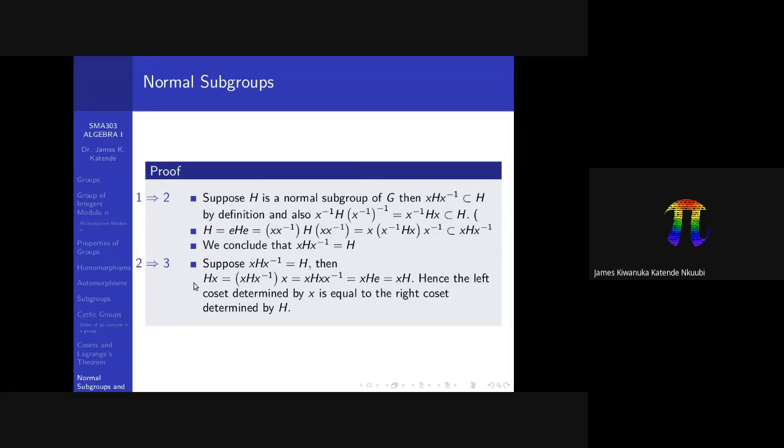So here we have shown that if 2 is true, that is if xHx⁻¹ is equal to H, then this right coset, Hx, will be equal to this left coset, xH. So we have shown that the left coset of H determined by x will be equal to the right coset of H determined by x, if H is a normal subgroup.